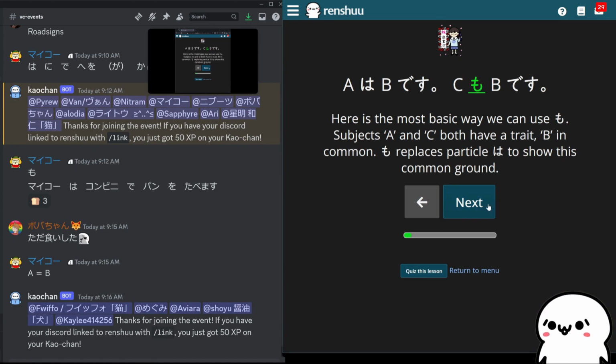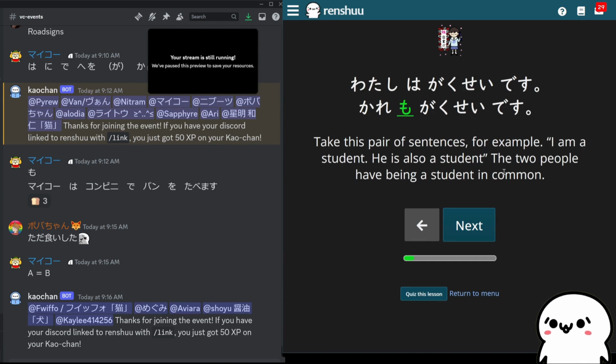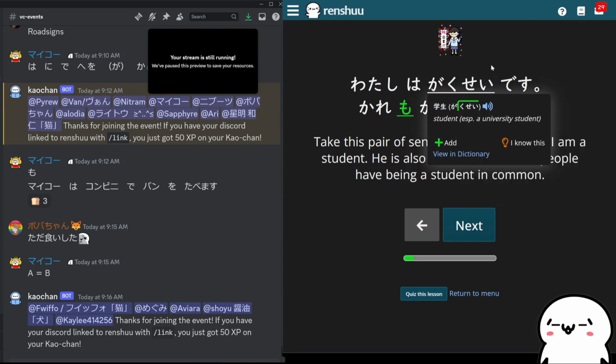Now let's look at an actual sentence. Now some of you, not all of you, you're all students of Japanese, but let's say some of you are university students. If you're wondering, hey, I'm a high school student, why can't I use gakusei? You can. But as you can see on the pop-up, just a little vocab thing.